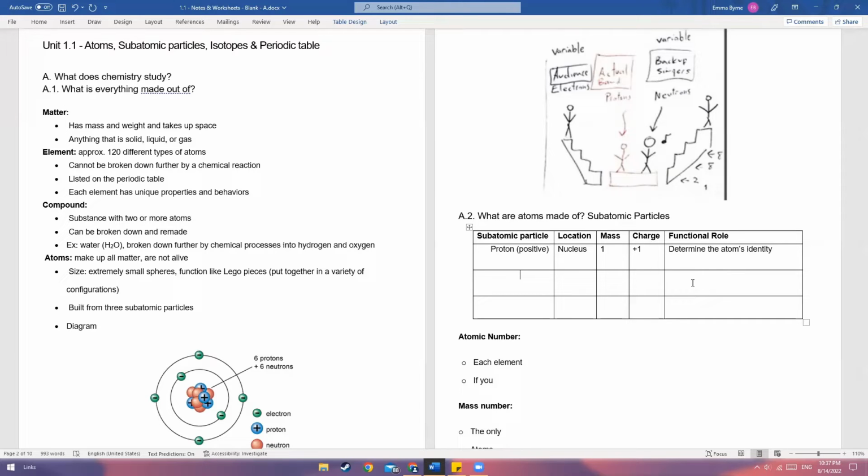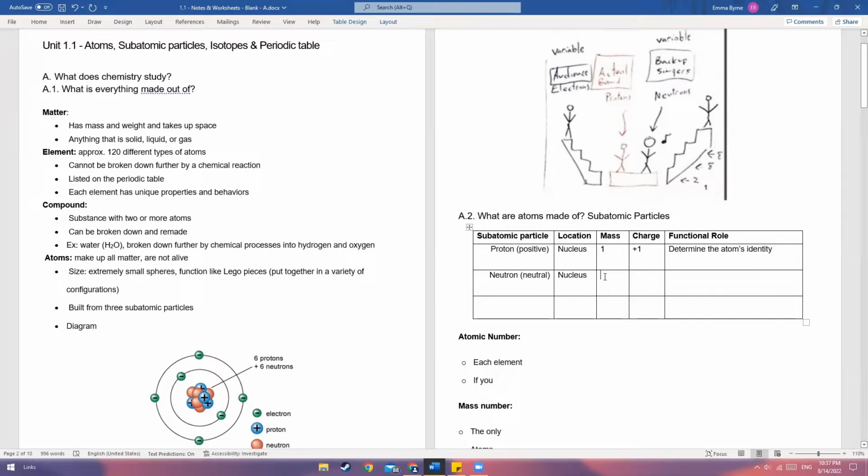But the second subatomic particle is the neutron. The charge of the neutron, it sounds just like it's named, is neutral. Its location, remember, is also in the nucleus, packed in with the positive particles.